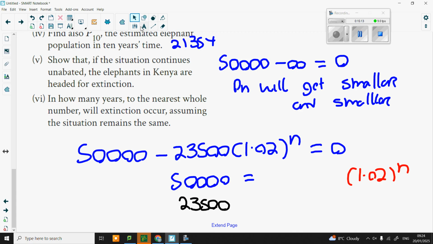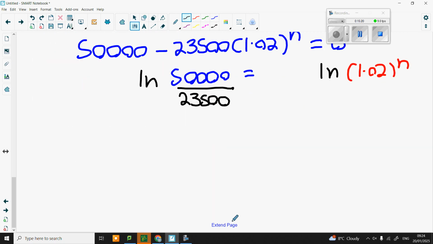And then after that, a log of your choice. I'll just choose ln because it's handy putting on the calculator. And then what happens to the n? And what happens to the ln 1.02? Divides, yeah.